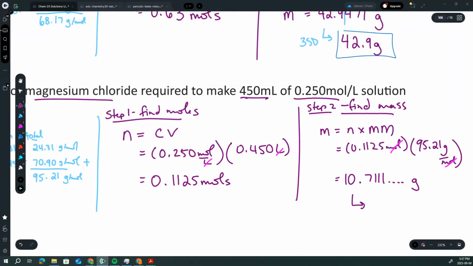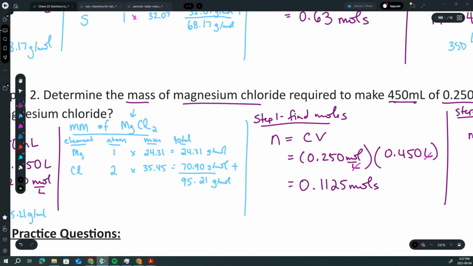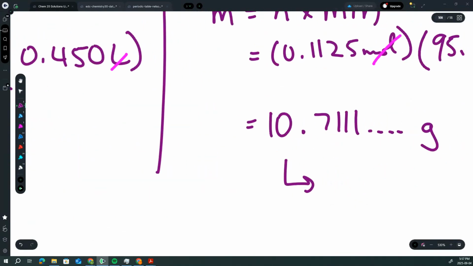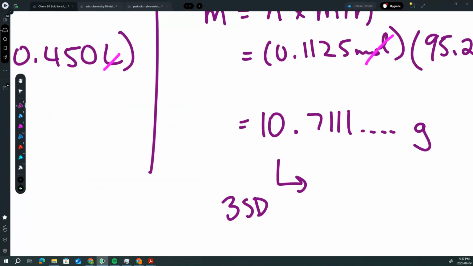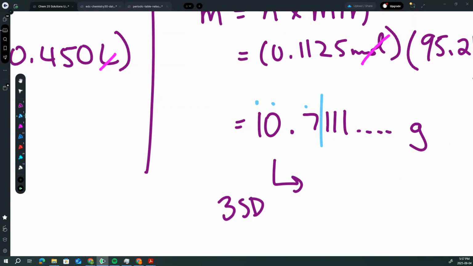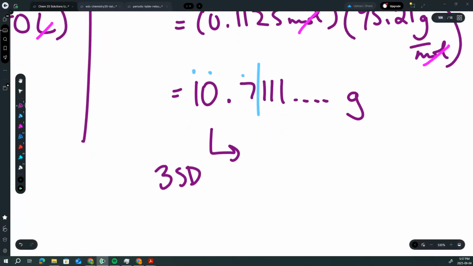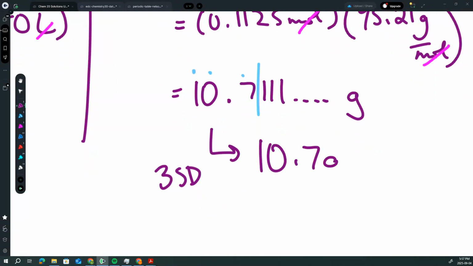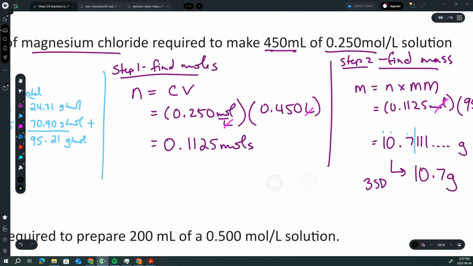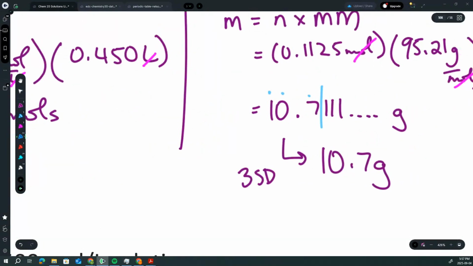Now for sig digs, both of my numbers here are given to 3 sig digs, so my cutoff line is going to be 1, 2, 3. That's 3 sig digs. So 10.7 grams. And that's 10.7 grams of magnesium chloride.